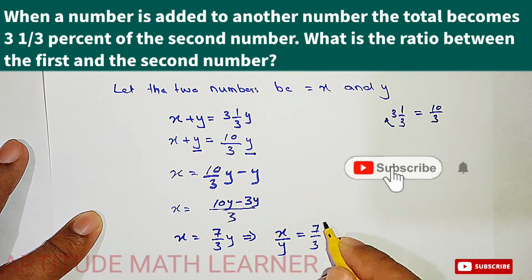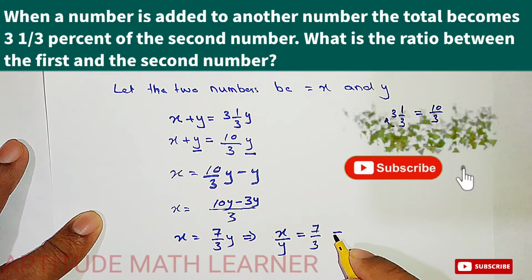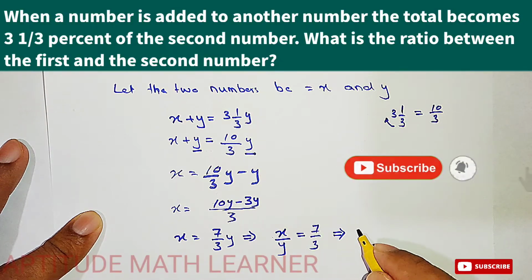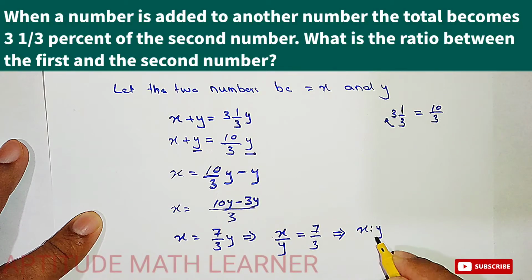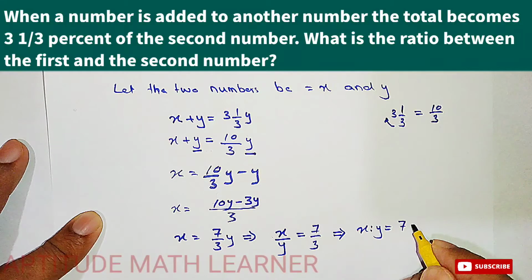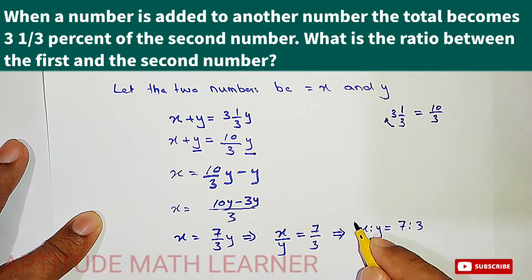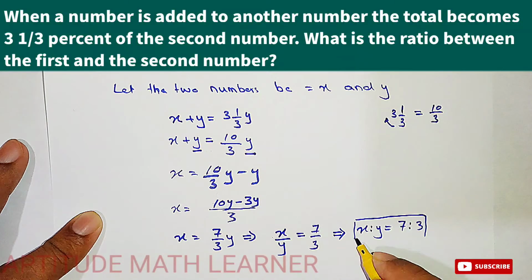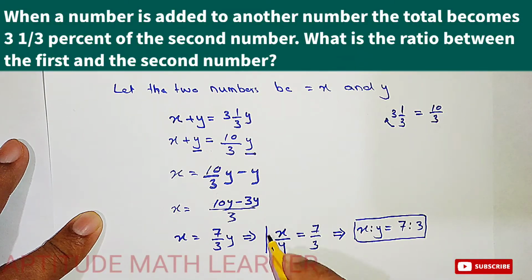So this is our answer. And if you want to further write in the ratio form, that is x ratio y is equal to 7/3. So this could also be our answer, and this is also the same thing.